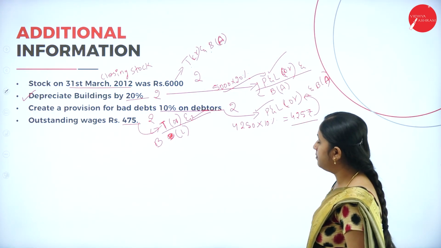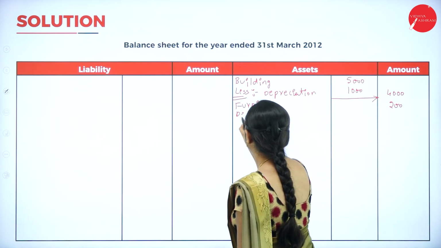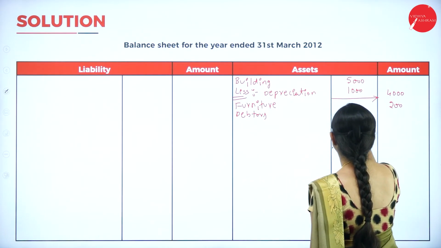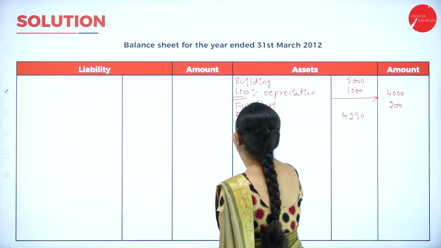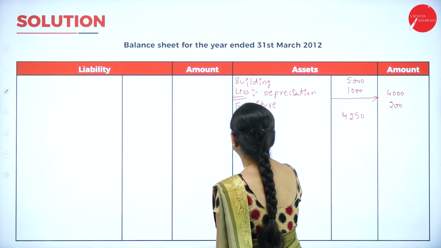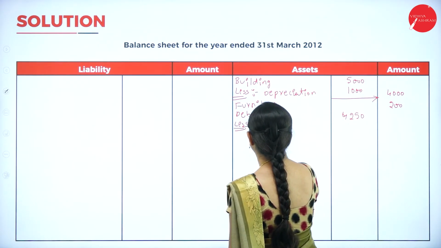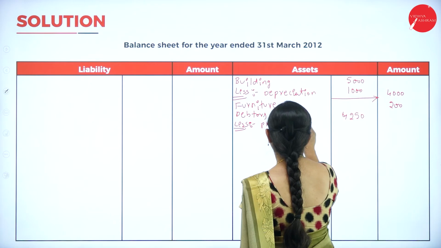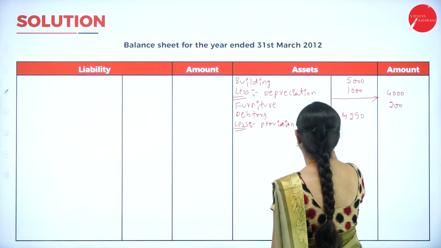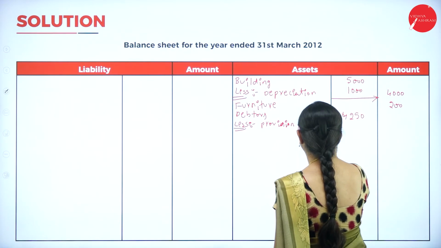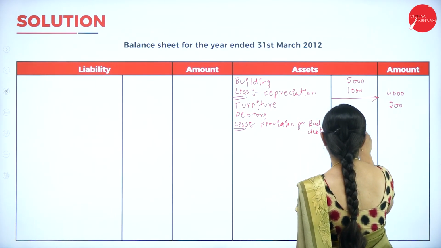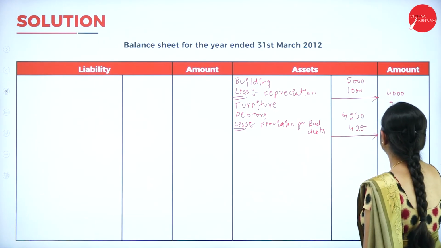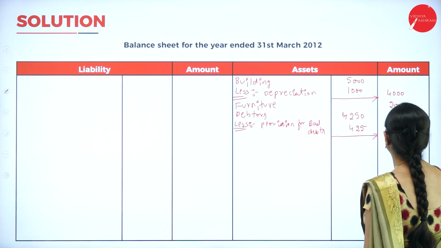So write in the inner column debtors 4,250, then deduct provision for bad debts 425, which gives 3,825.